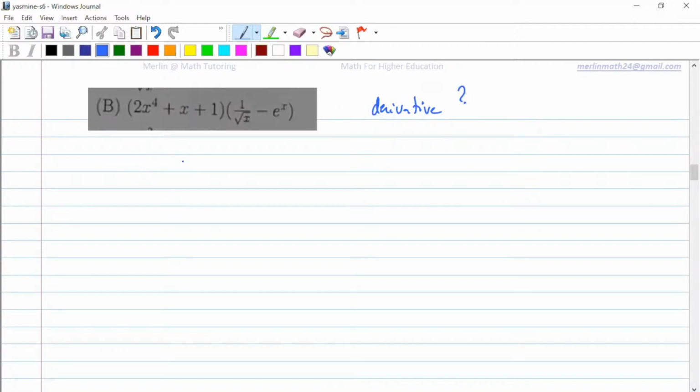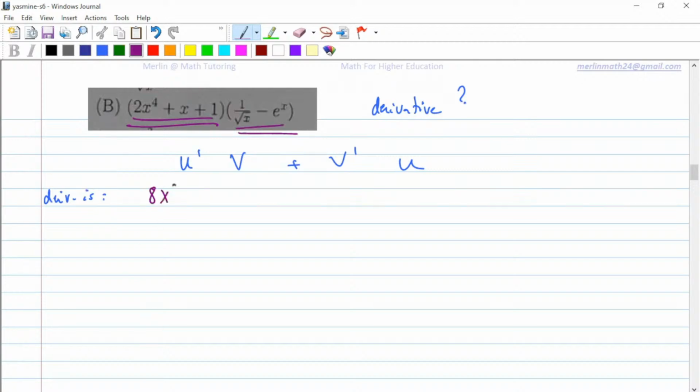Do you want to write the answer? Yeah, right away you can say this is u prime v plus v prime u. They didn't give a name, but you can say derivative is. Because this is a y, we say y prime equals. Now the derivative of that part: this is a u, that is a v. What shall I put?